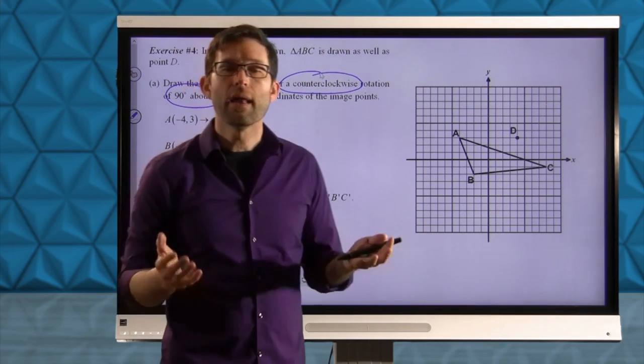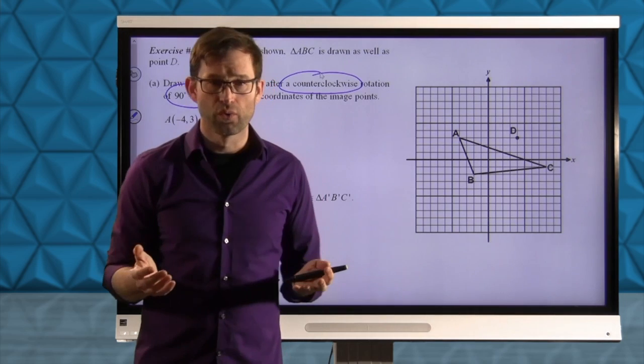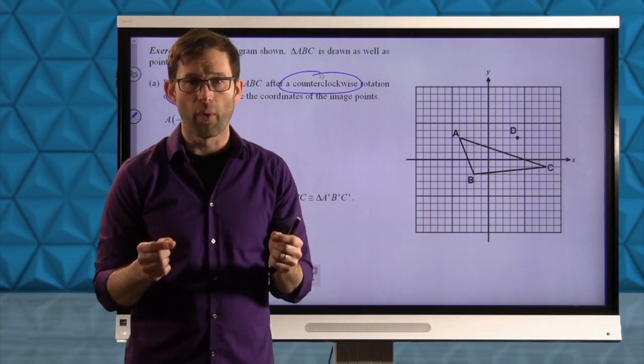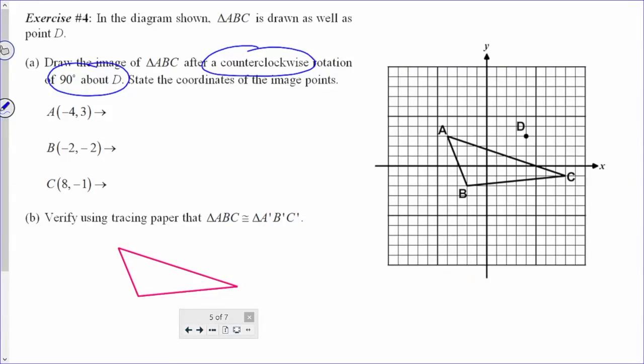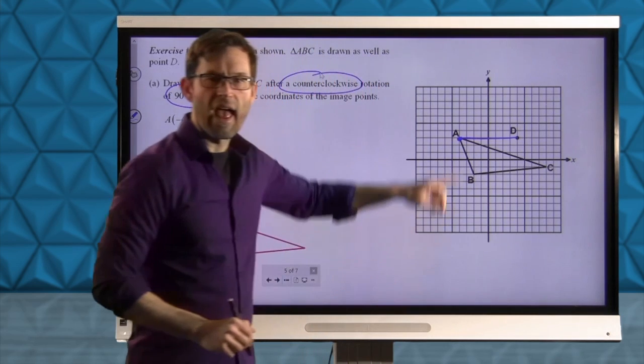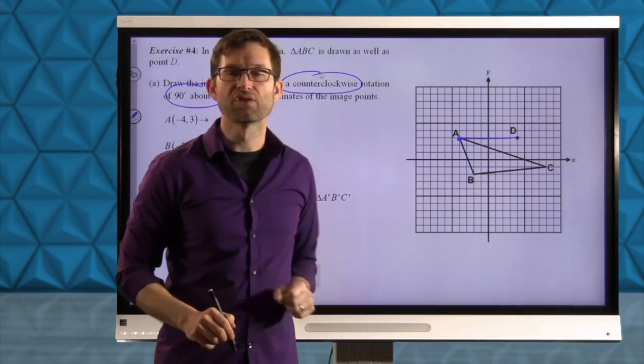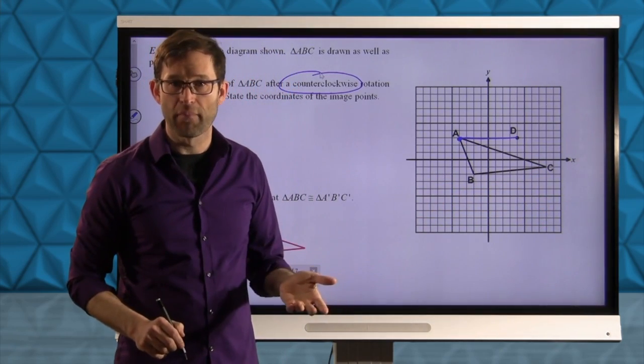Now, remember what a rotation truly is. It's like taking a point, like A, connecting it to the center of rotation, and then rotating that in a circular way about that point.